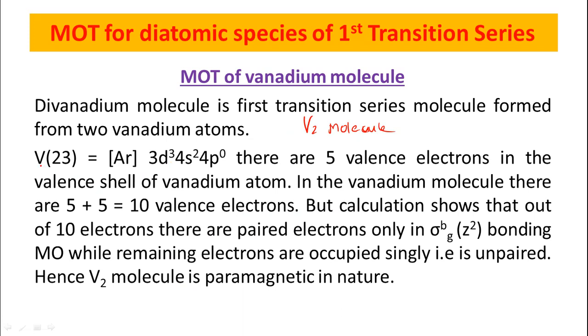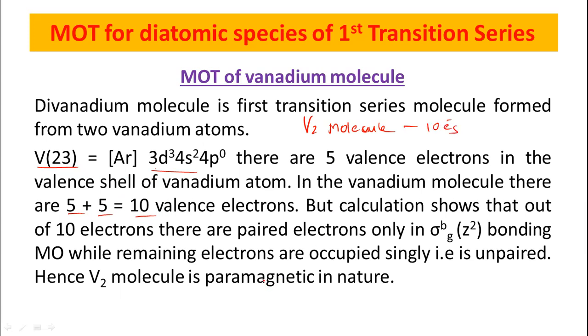So let us first write the electronic configuration of vanadium: 23, argon 3d3, 4s2 and 4p0. So in the vanadium atom there are 5 valence electrons, 3d3, 4s2. In the vanadium molecule, one vanadium has 5 and the other 5, so 10 valence electrons are expected in the V2 molecule.